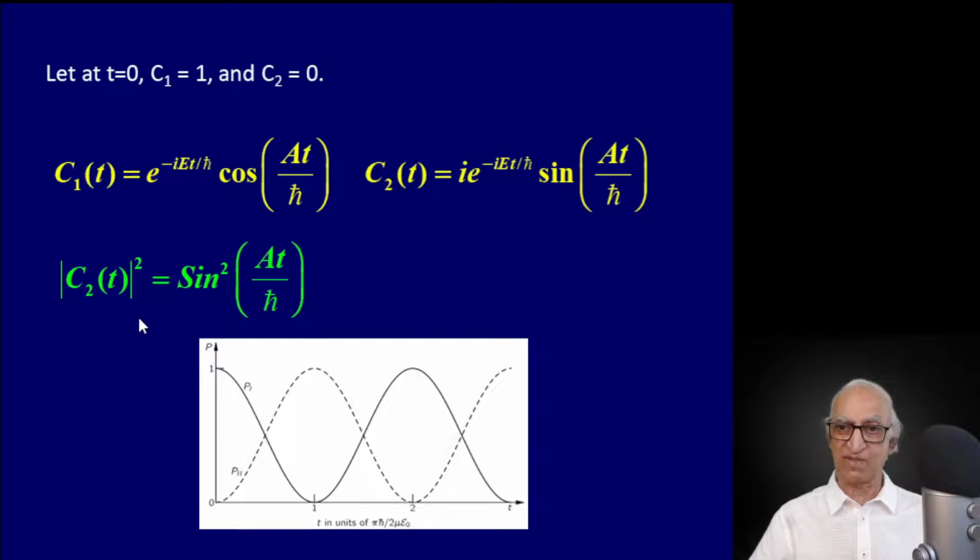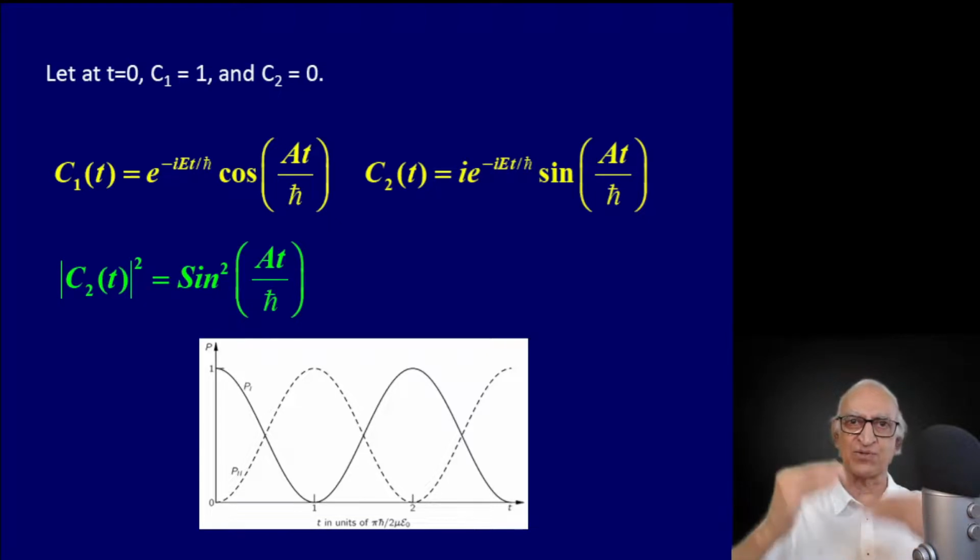Now you can plot the probability of finding the ammonia molecule in state 1 and state 2. One will be the square of the cosine and one will be the square of the sine. They will be precisely as shown in this diagram. So the probability of finding the ammonia molecule in level 1 and 2 will oscillate as shown here.